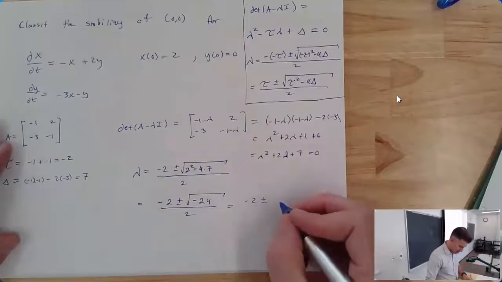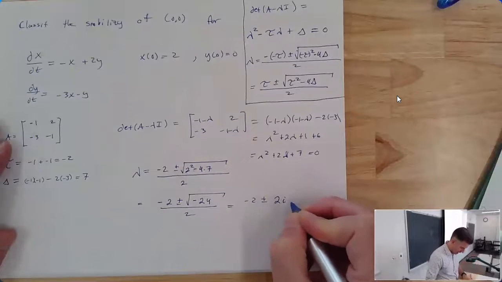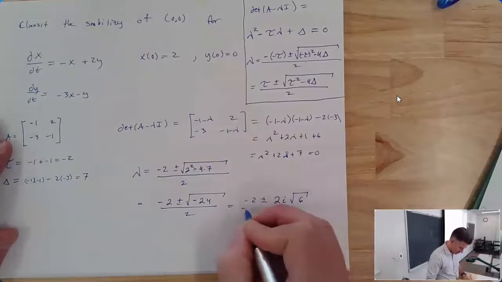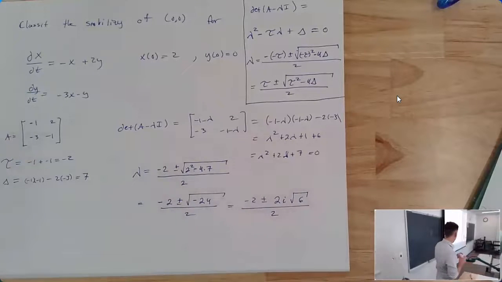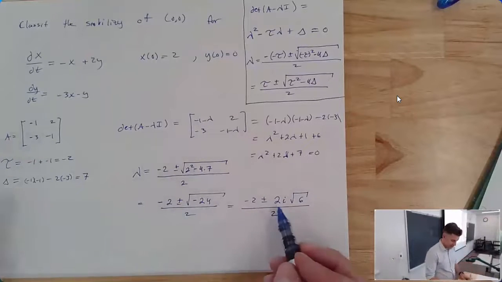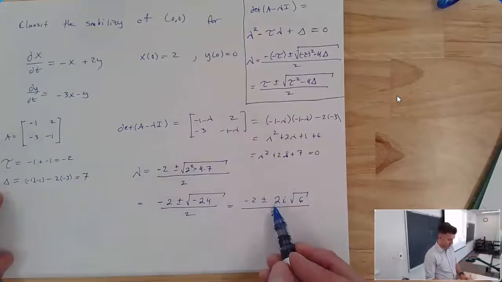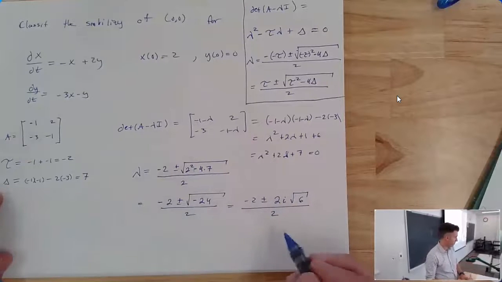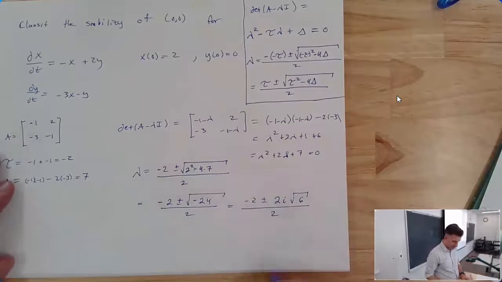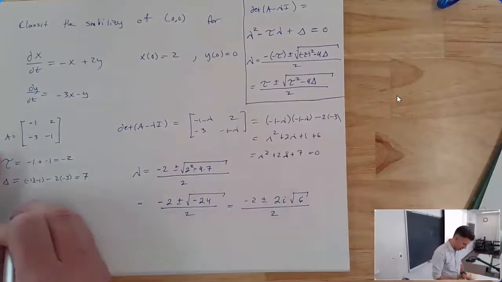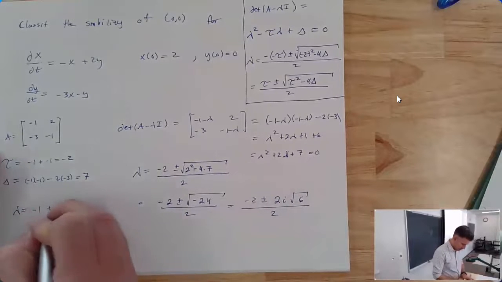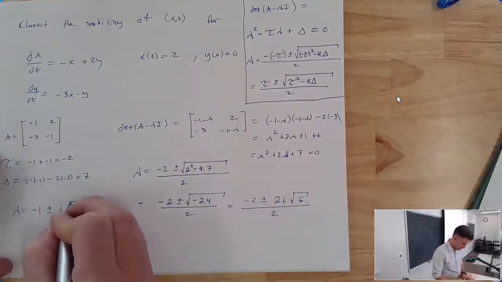So we can write this as 2i square root of 6, with the i for the negative part and the 2 from the square root of 4. Then we divide each part by 2, and the eigenvalues are negative 1 plus or minus i root 6.